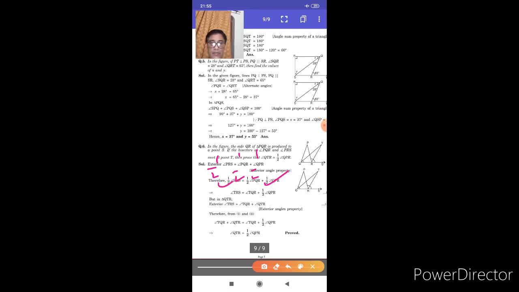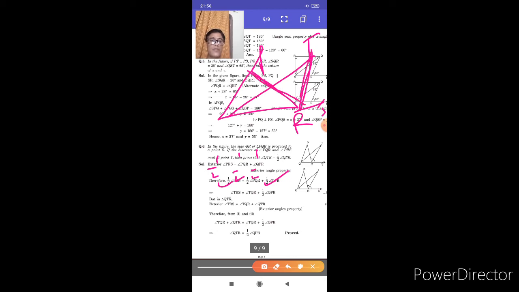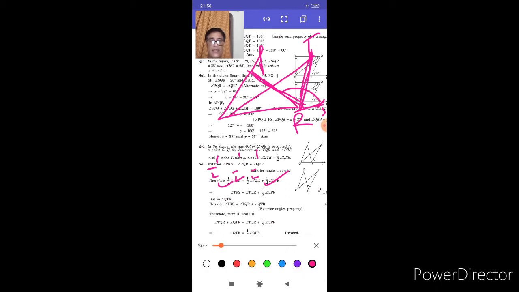If this one is the whole PRS, and this one is T, this one is the bisector, so 1/2 PRS means half of PRS, which we can write as TRS. So we can write 1/2 PRS as TRS.